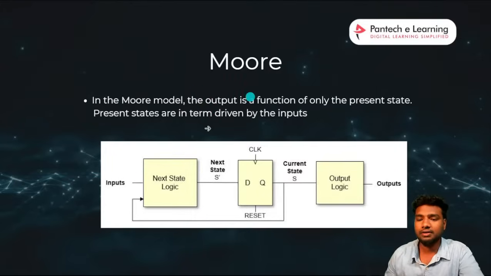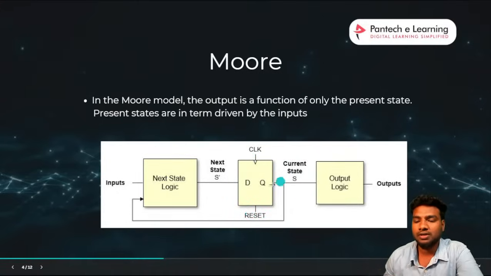You can see here the working of the Moore machine: the next state, and a D flip-flop to store the data. After storing a particular value, this is my current state. My next state logic depends only on the current state.